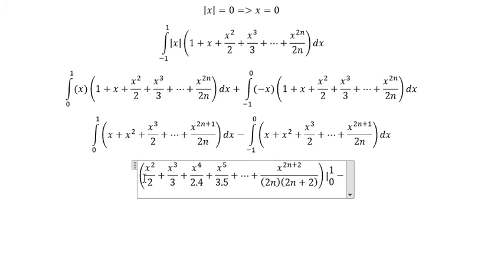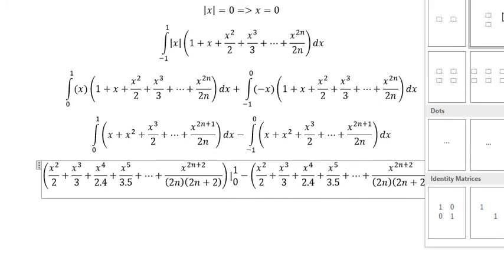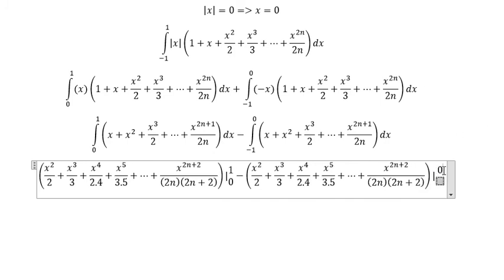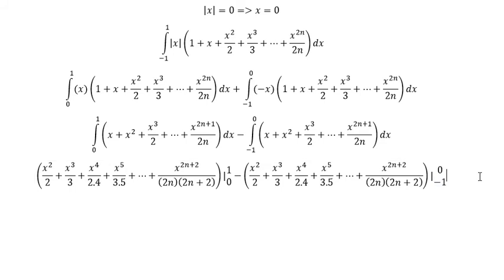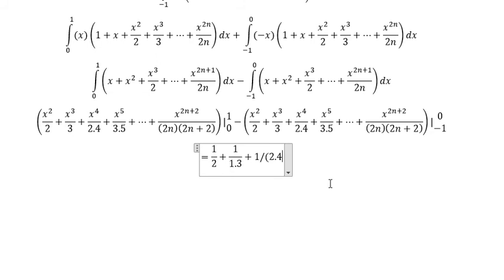Similar for this one. Now we put 1 in here and you will get 1 over 2 plus 1 over 1 multiplied with 3, and 1 over 2 over 4 and so on.